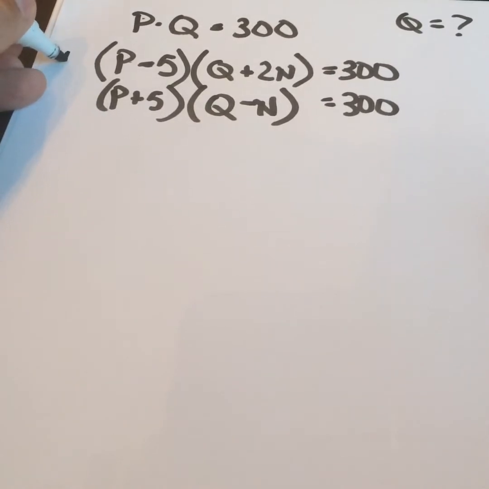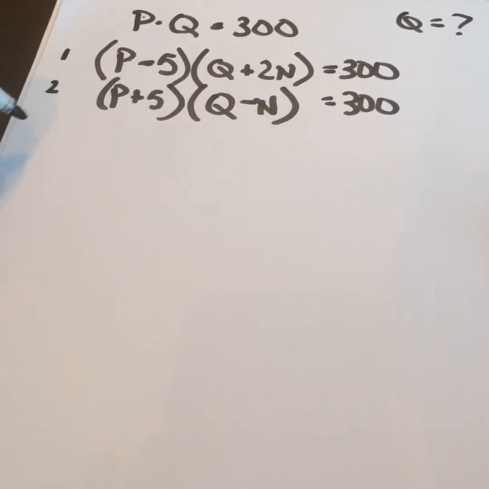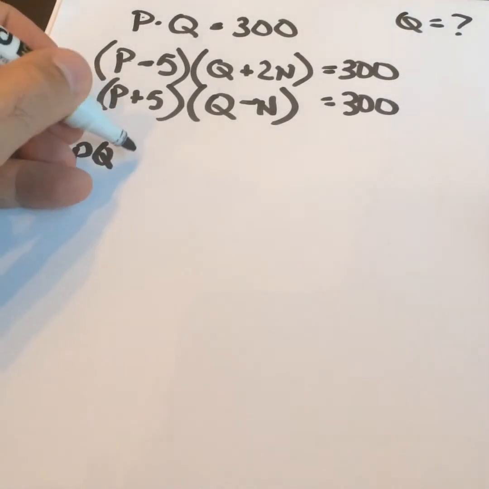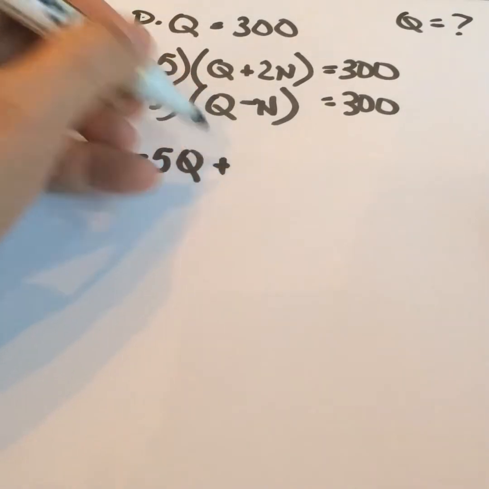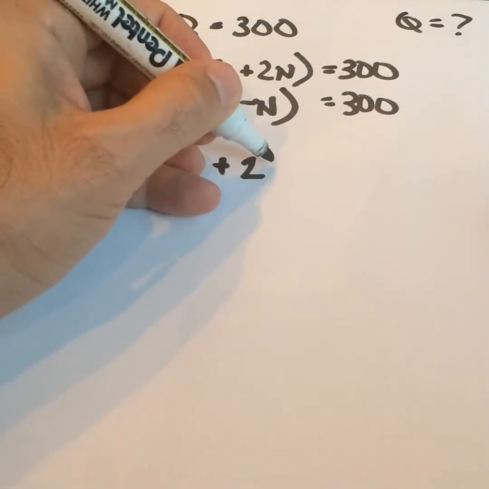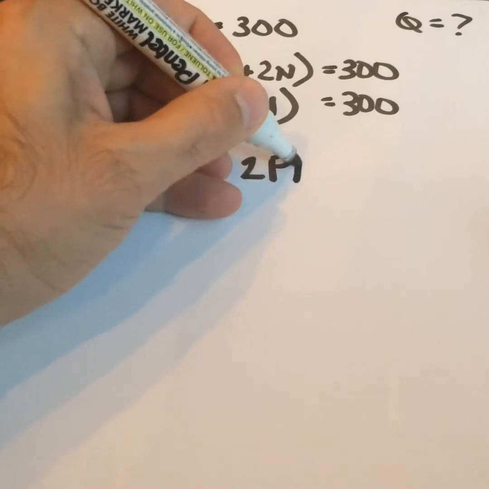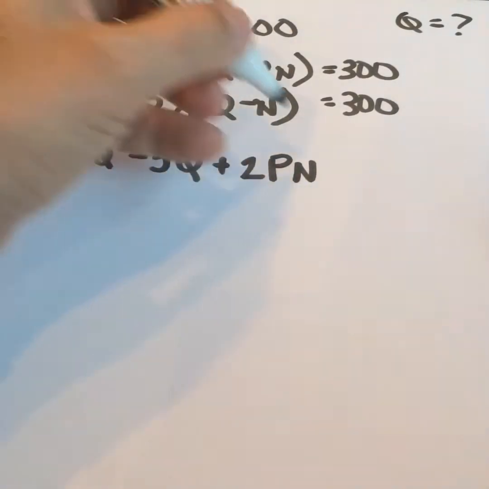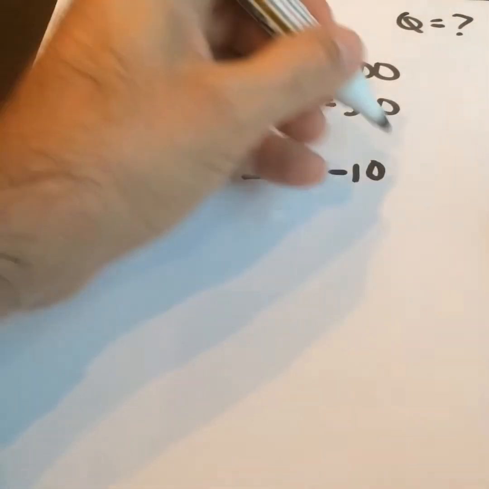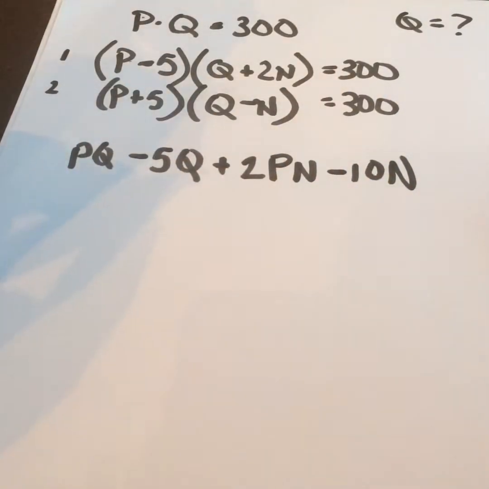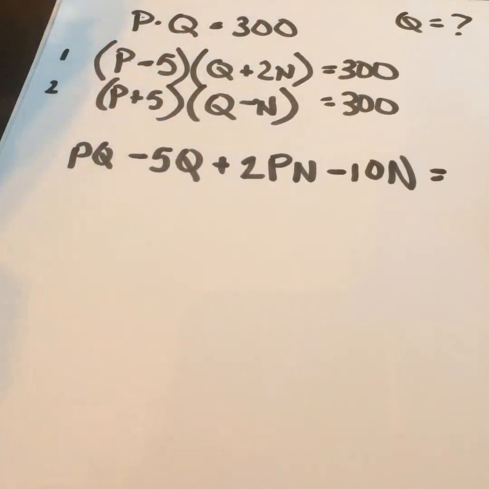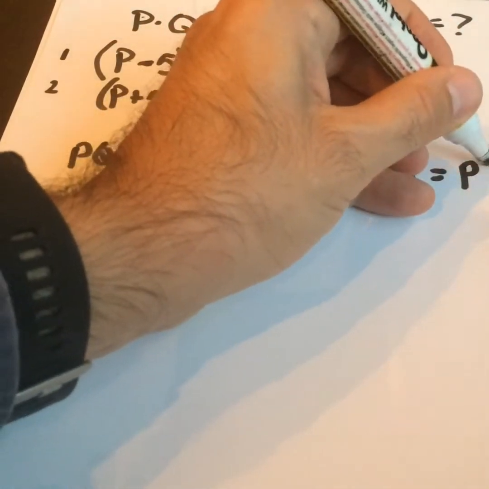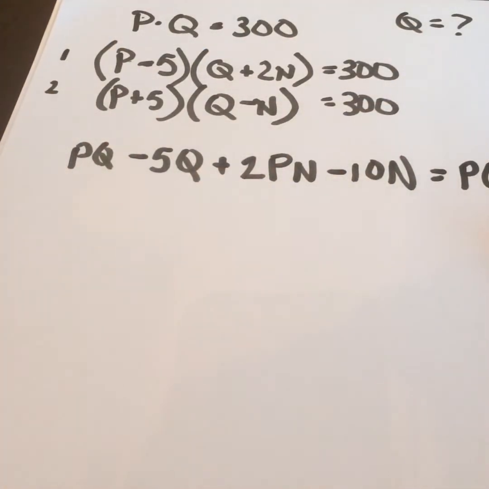The top one here, we'll call it equation 1, multiplies out to PQ minus 5Q, our inners, plus 2PN, our outers, minus 10N equals, now it equals 300, but I know 300 equals PQ. So I'm going to right away put PQ on the side here.